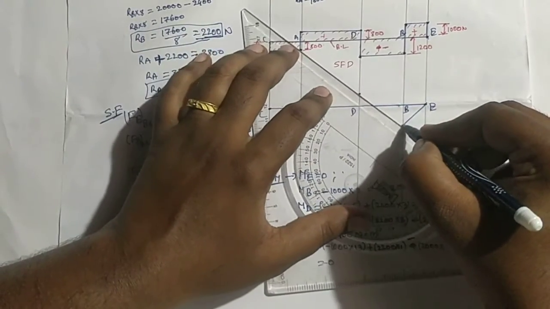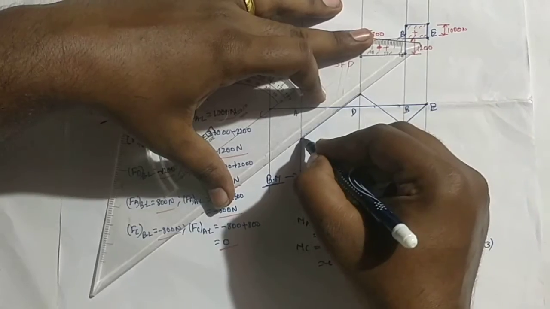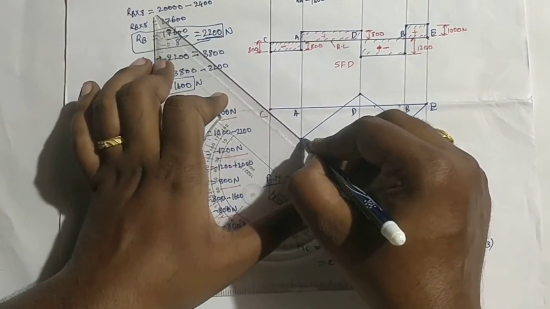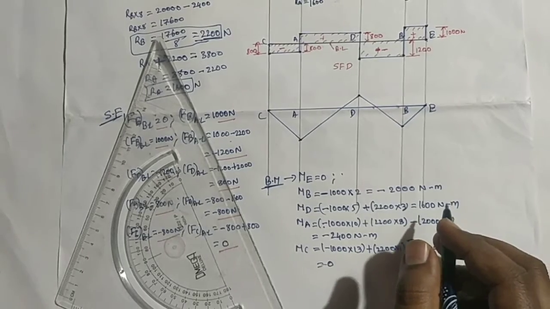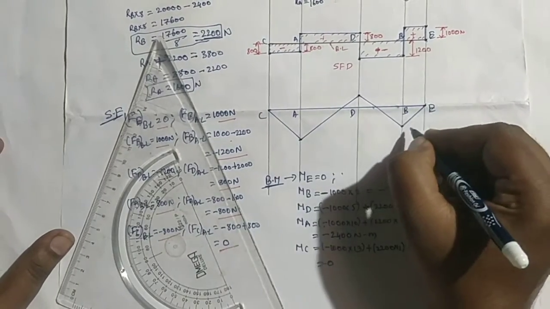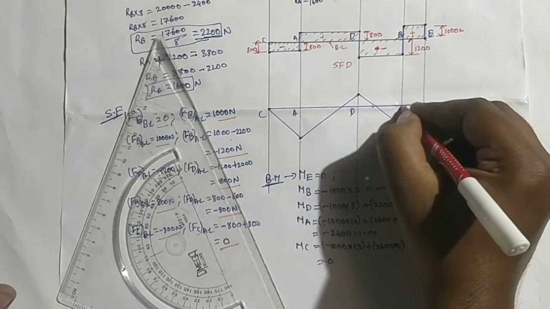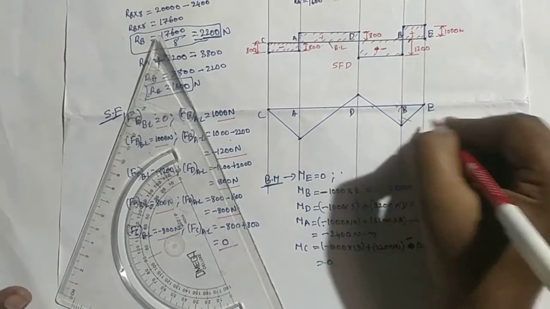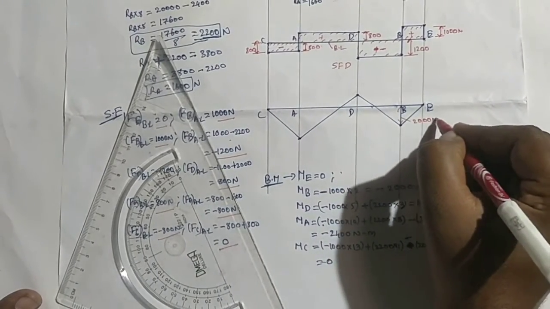Okay, this is the bending moment diagram for the given beam. From this point to this point, the bending moment value at point B is 2000 Newton meter.